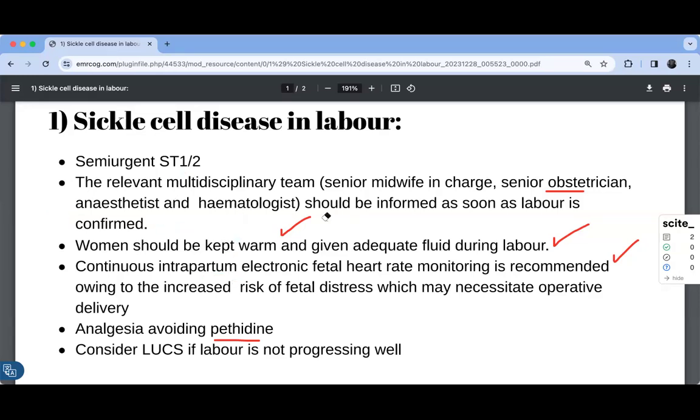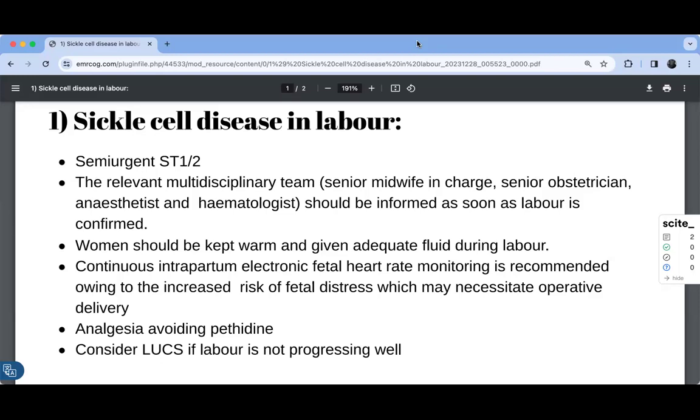Regarding this patient, she had anemia, right? So what blood investigations will you advise for sickle cell disease in labor? The full blood count, as usual, group and save, and cross matching. If she has delivered and is postpartum, you will request the cross match urgently for now.